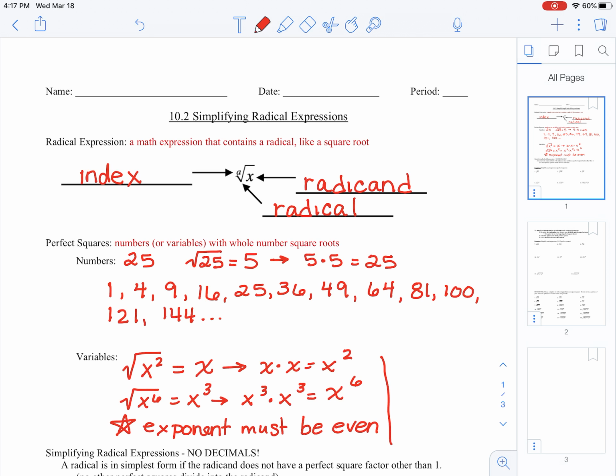So if I took the square root of x to the 10th power, to find its square root, I take 10 and divide it by 2 to get 5. Since 10 divided by 2 is 5, the square root of x to the 10th power is x to the 5th power.